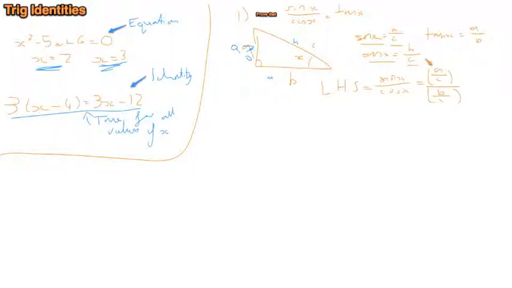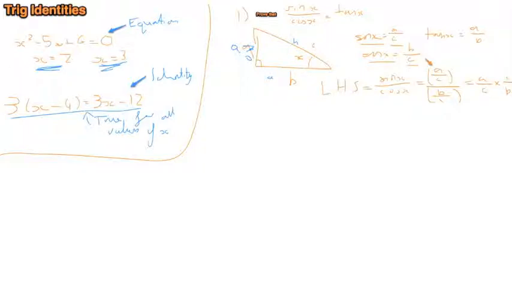So that means that equals A over C times C over B. And if you don't know how I got that, it's simple algebra.